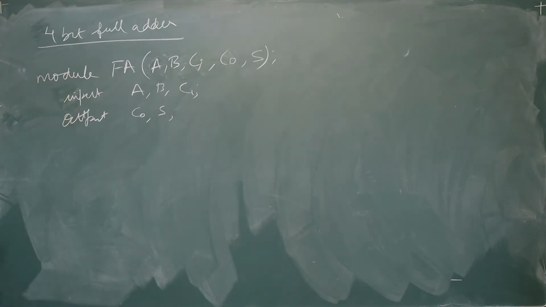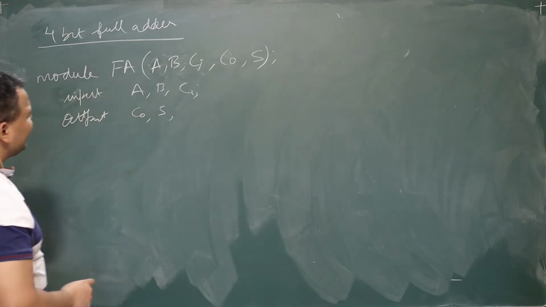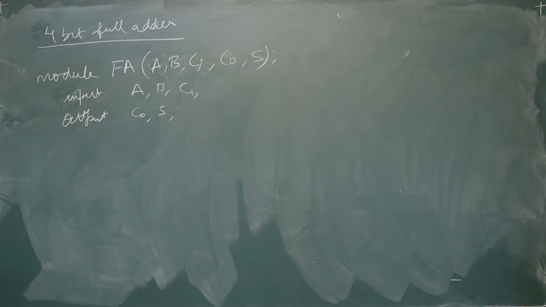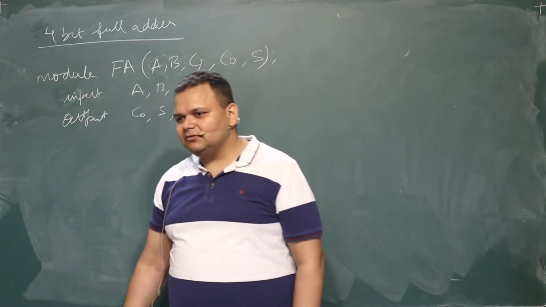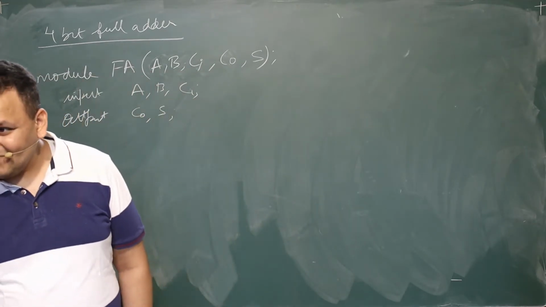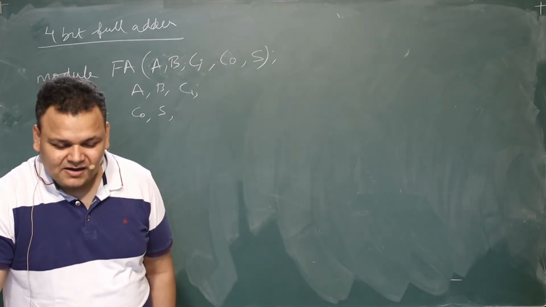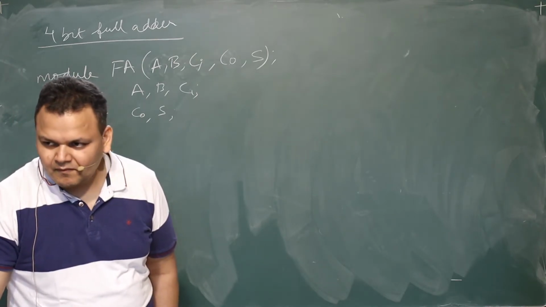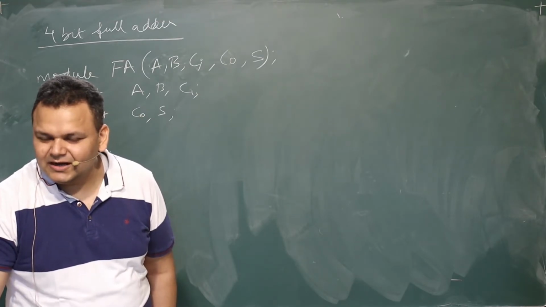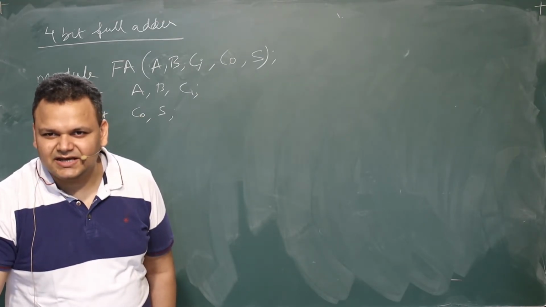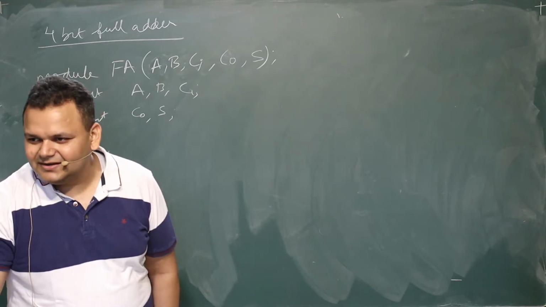Okay, what else do we need? What is CO? Does anybody remember? It is AB plus BC plus CA. Is it? Yes, sir.